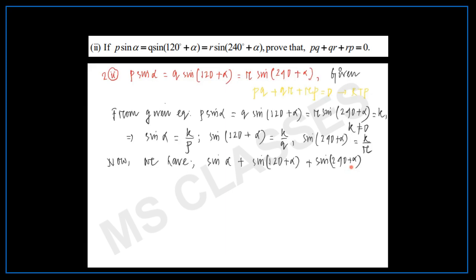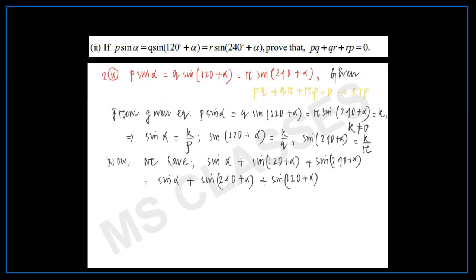Now, here it is in sin C plus sin D format. You can take the larger one as C, smaller one as D. So we rewrite this expression as sin alpha plus sin 240 plus alpha plus sin 120 plus alpha.